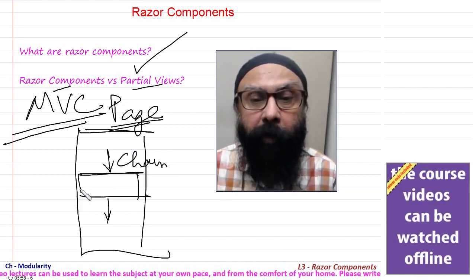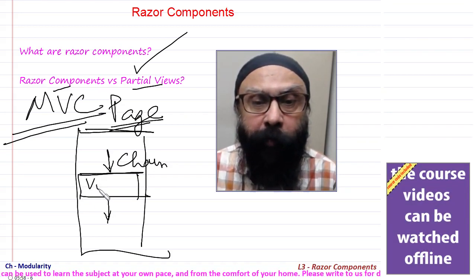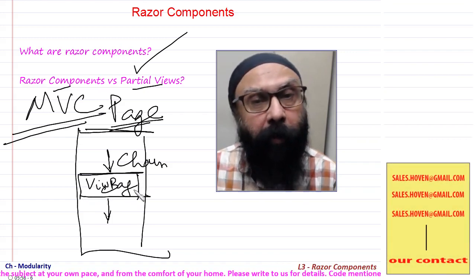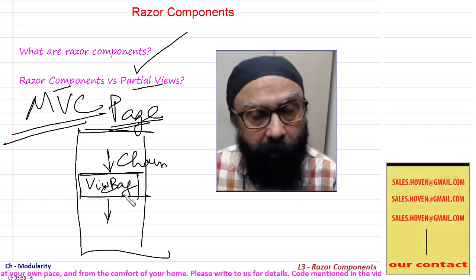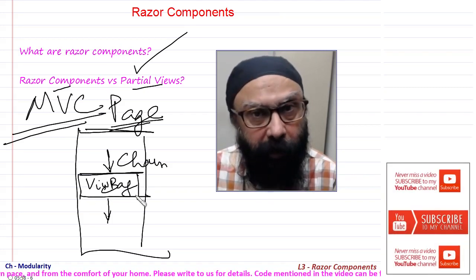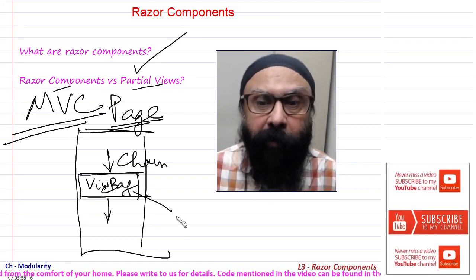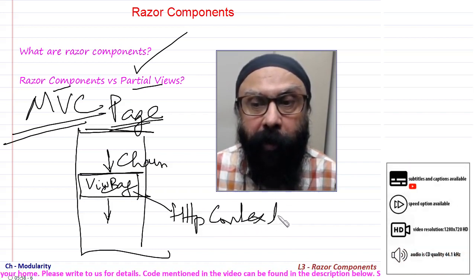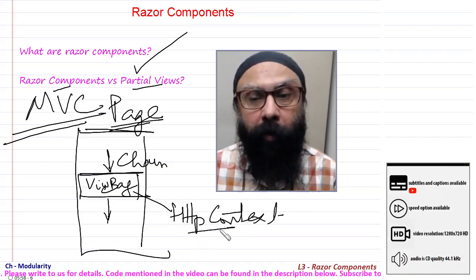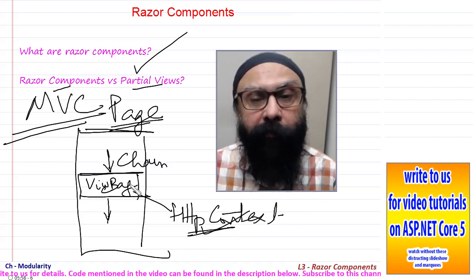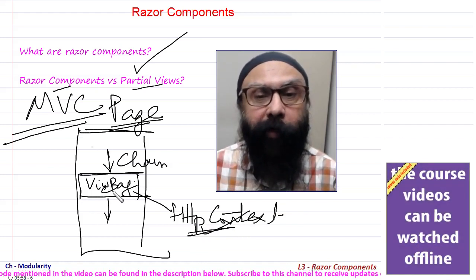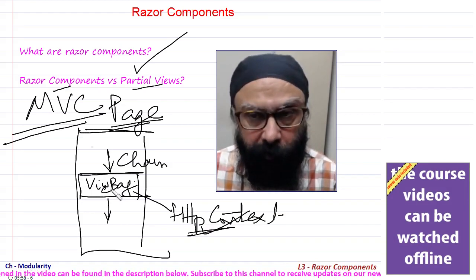This means that you can access ViewBag in your partial view, because it is a part of the main chain. Other things like HTTP context are also available to you. HTTP context, ViewBag, anything that is available to your main page is also available to your partial view.